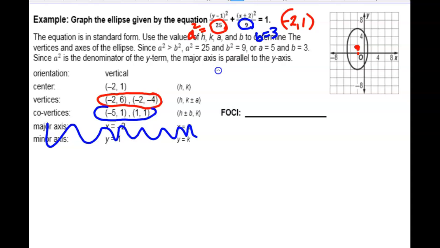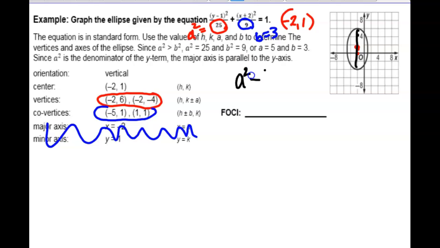The focus point, is anybody looking at their pink sheet? The focus point is always on the major axis inside of the ellipse, and it has to do with C, and C is found by what? Remember, it's a really weird version of Pythagorean theorem.